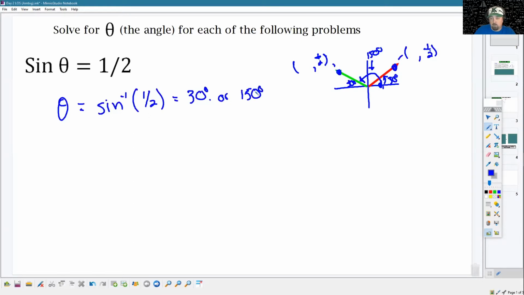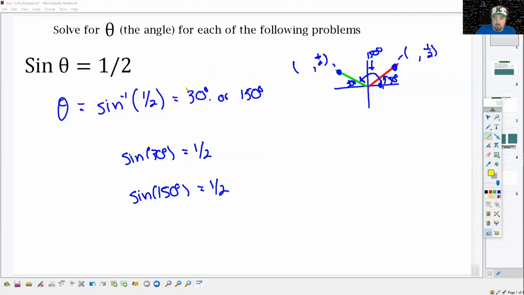This could be 150. If we take our calculator and plug in the sine of 30, we're going to see 1/2 on our screen. If we plug in the sine of 150, we also get 1/2. And that means the answer is ambiguous. It means it's not well defined. Both of these actually make the statement true.